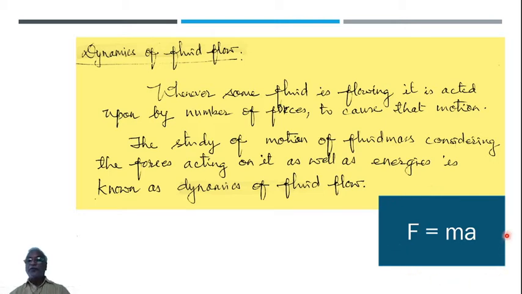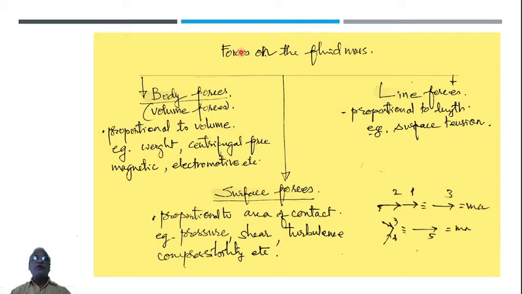Okay, we'll go further. Now, what are the forces on the fluid mass that we have to consider? The bifurcation is quite simple. There are 3 headings under which they can be classified, and very simple to remember also.